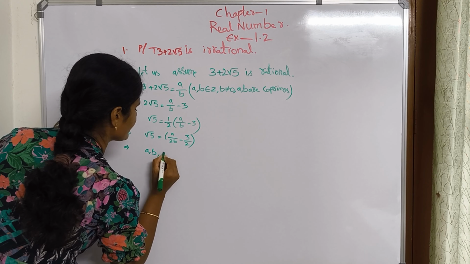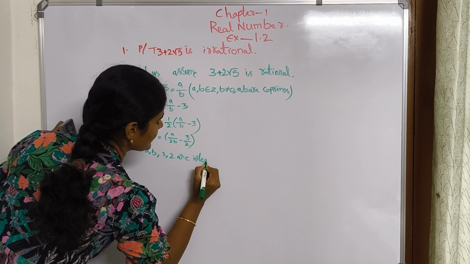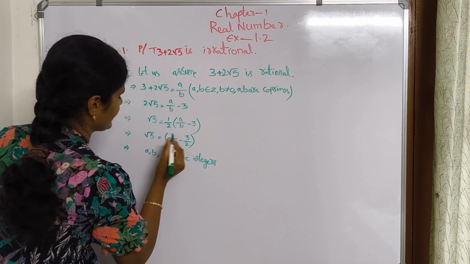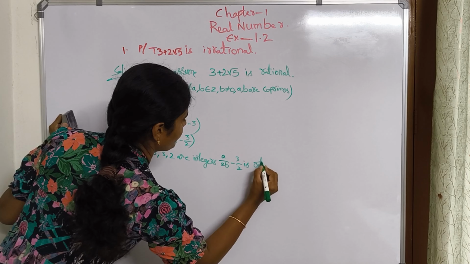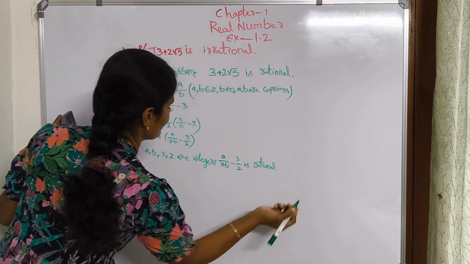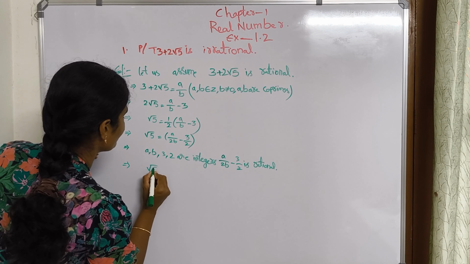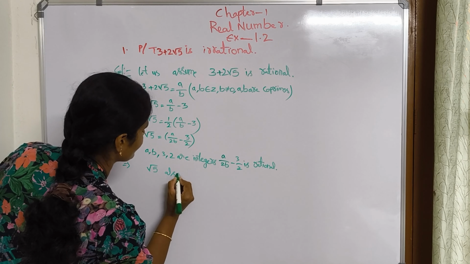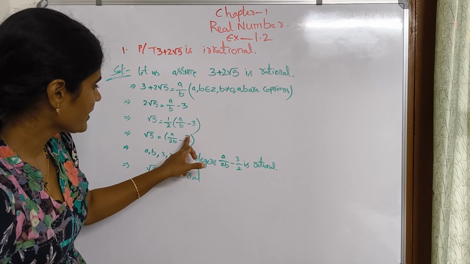a, b, 3, 2 are integers. Those all being integers means this total value, a by 2b minus 3 by 2, is rational. Yes, this is rational. That is rational means root 5 is also rational, equal to a by 2b minus 3 by 2.